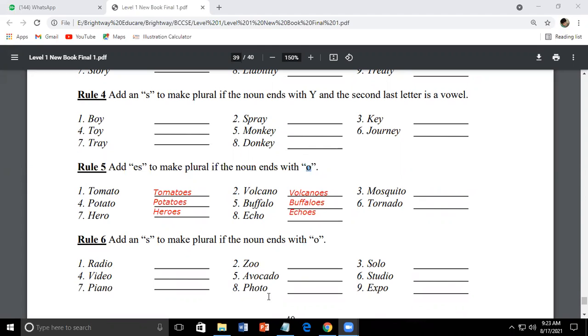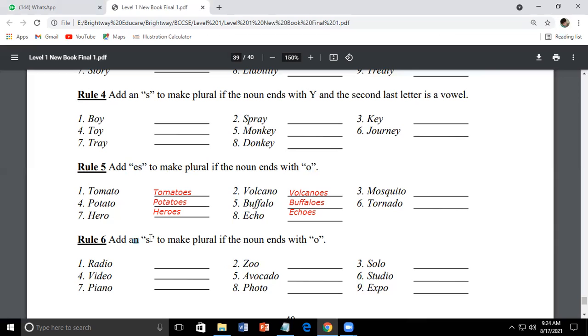Now moving on to rule number 6. Friends, please focus. Now, this is the point from where the confusion starts. If you try to compare rule number 5 and rule number 6, you will notice that both are similar. In rule number 5, it says that you have to check if the word is ending with O. Similarly, in rule number 6, it says if the word is ending with O. But in rule number 5, it asks you to add ES to make it a plural.